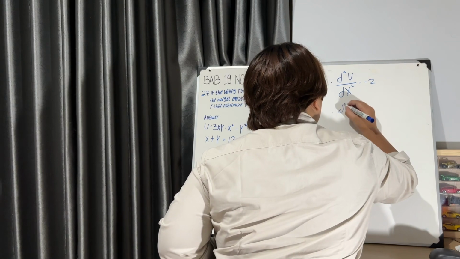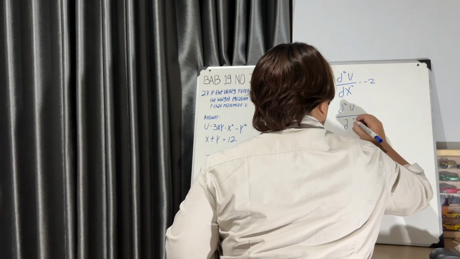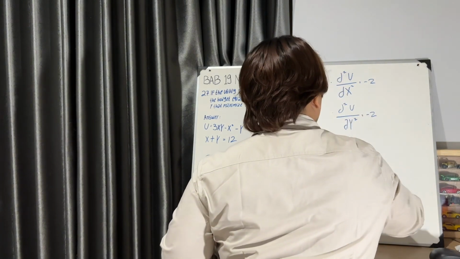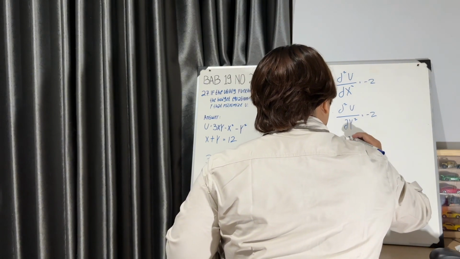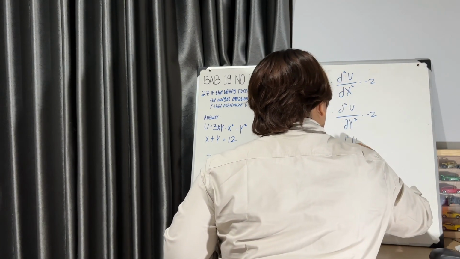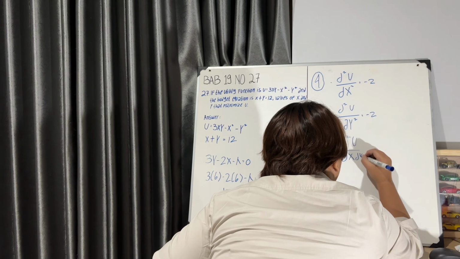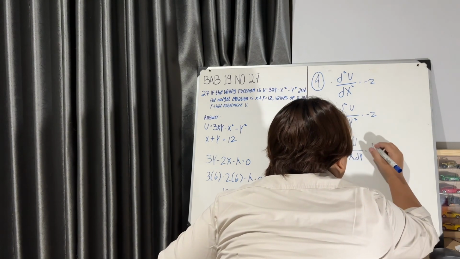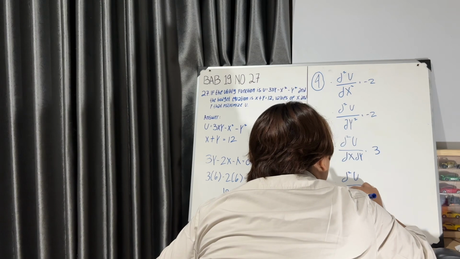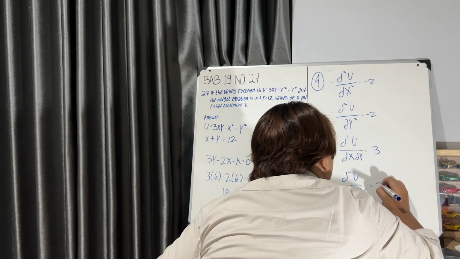Next, partial squared u over partial y squared is minus 2, and partial squared u over partial x partial y is 3, and partial squared u over partial y partial x is 3.